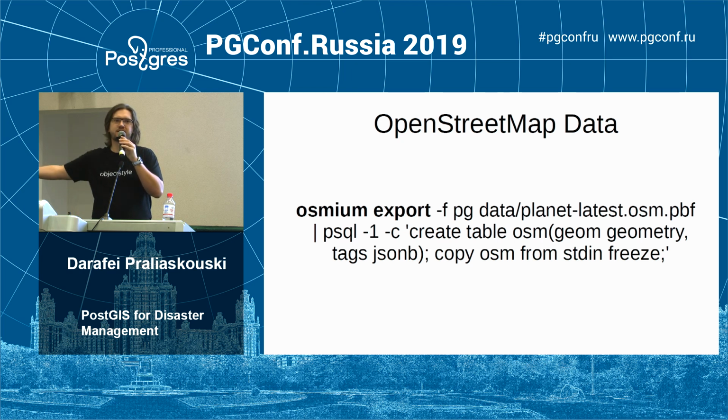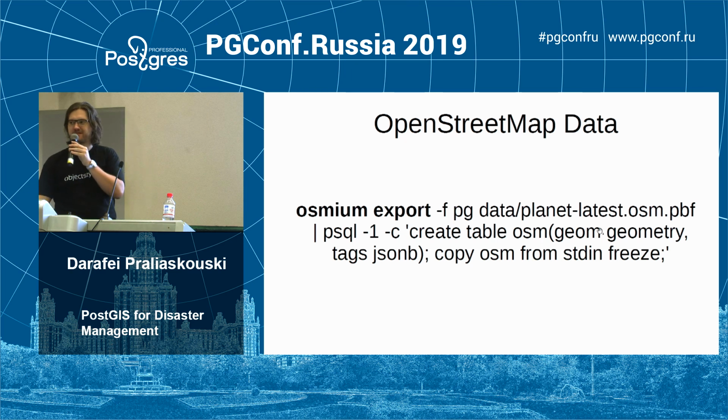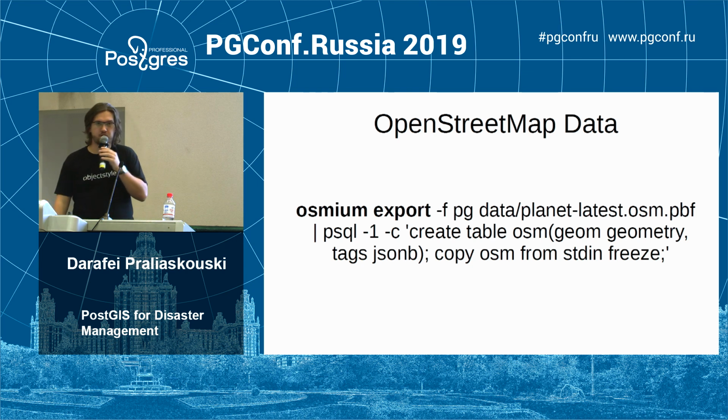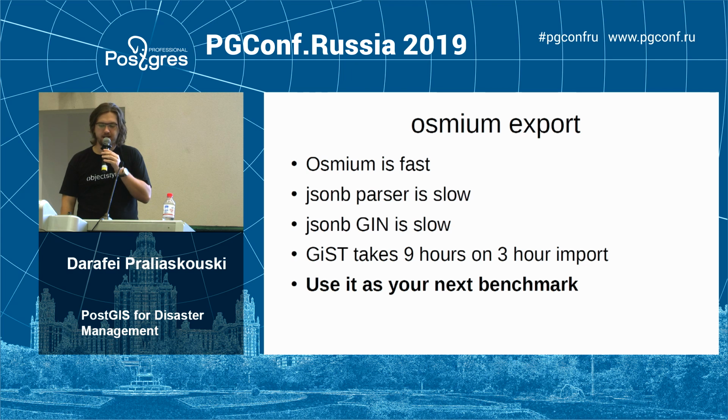And we say, why are you doing this? Because in Postgres we have JSONB support. And it makes the table structure very simple. Geometry and text JSONB. After this export, you create two indexes, one for geometry, one for JSONB text, and it's very simple, it works.